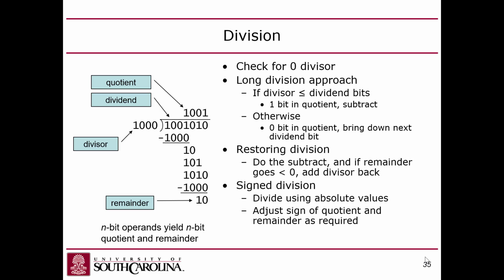Well, basically, you're taking the divisor and shifting it to the left. You're trying to subtract that value from the dividend. If the result of that subtraction is negative, then you restore the dividend back to what it was before you subtracted it.